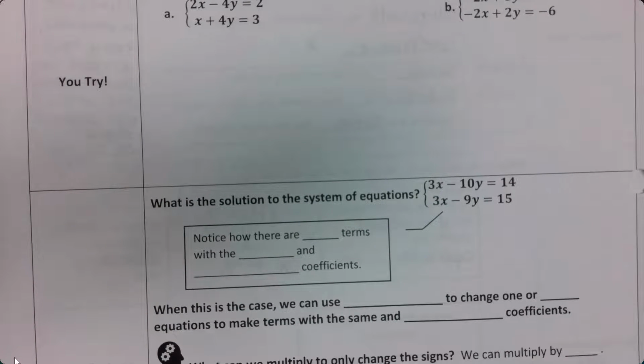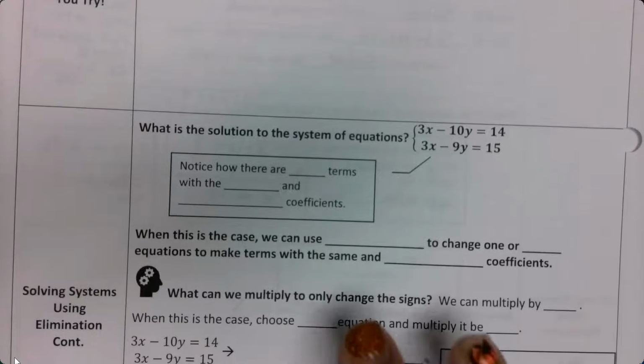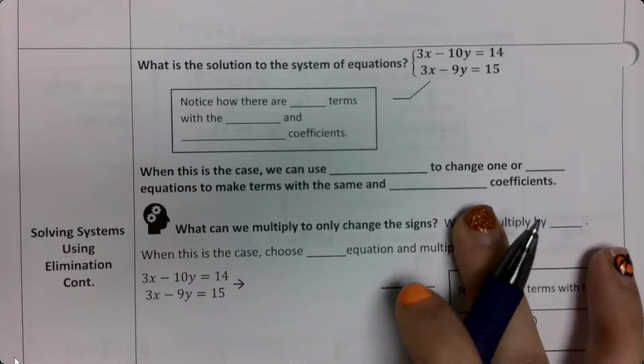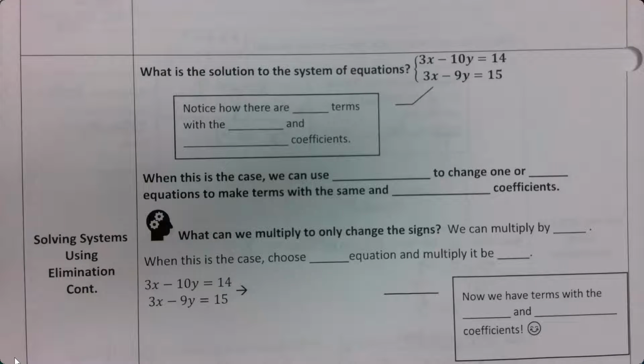Okay, so it wants me to find the solution to my system of equations. But notice on this one, what's different than the last ones we did?